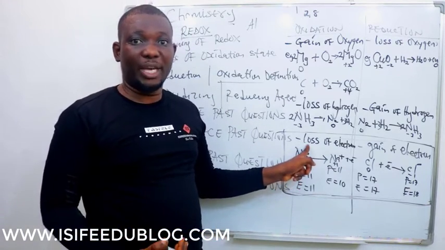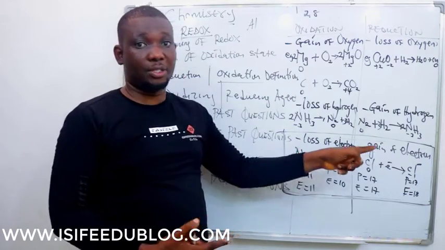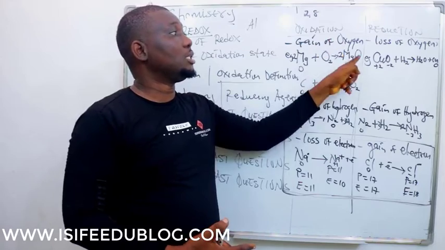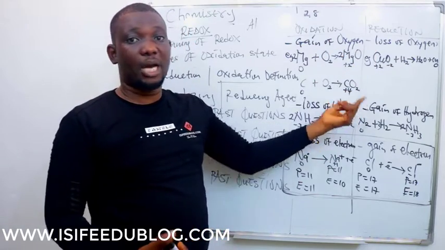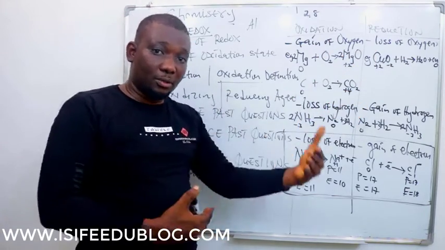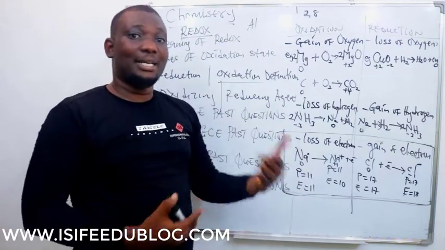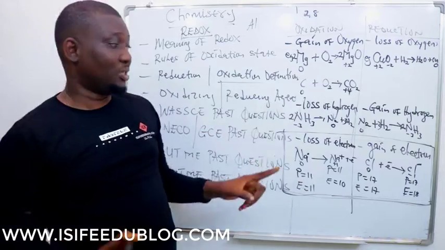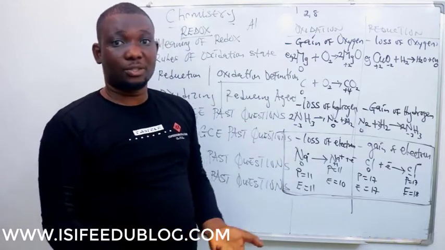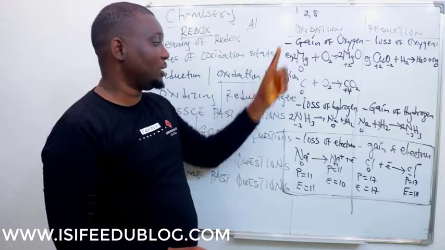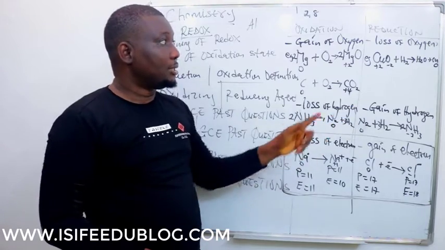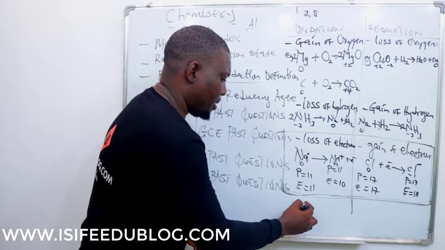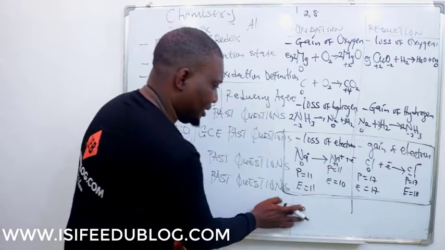This is the most preferred definition of oxidation and reduction, because in any way you have it, as gain of oxygen, loss of oxygen, or gain of hydrogen, there is transfer of electron. So generally speaking, the general definition of oxidation and reduction has to be that of transfer of electron. That is to say, oxidation is the loss, reduction is the gain. Always remember this.